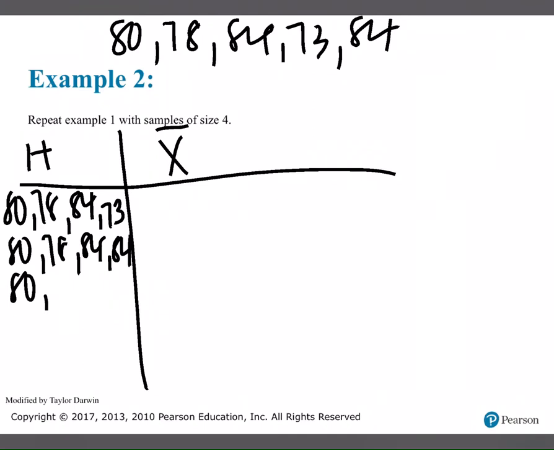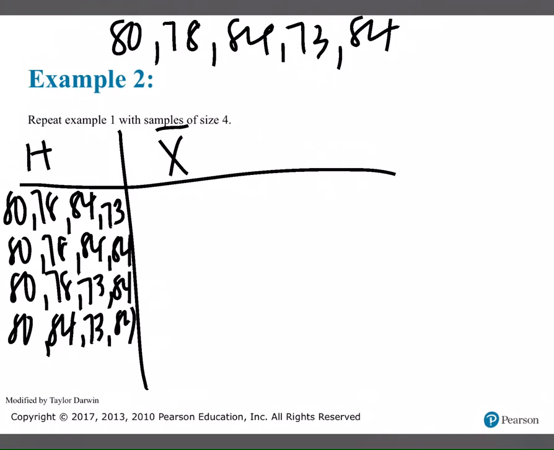So the third one. 80, 73, 78, 84. So we keep going through this. Well, whoops. Let me just go ahead and write them all out. Then let's say we leave out 78. Okay. Then let's say we leave out 80.